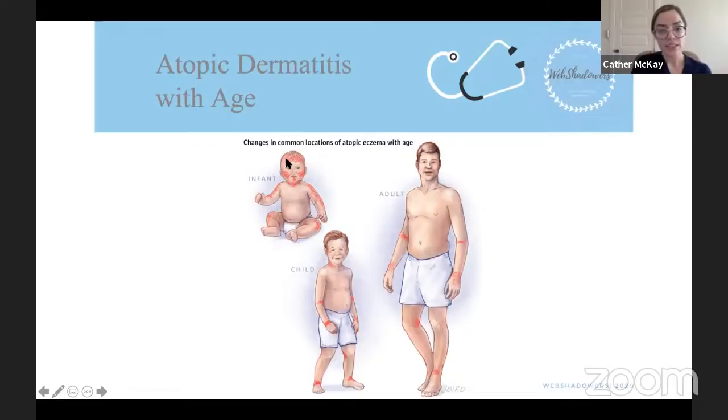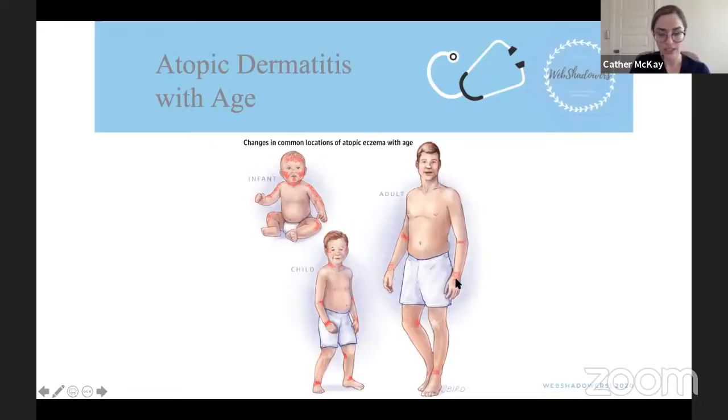In infants, the face is often affected, along with skin folds and extensor surfaces, and the neck, because they have a short neck and all that moisture and irritation under there. In childhood, the neck is more prominent and there's still a little on the face, but that usually gets better with time. As they grow, they get it more on their flexural surfaces.